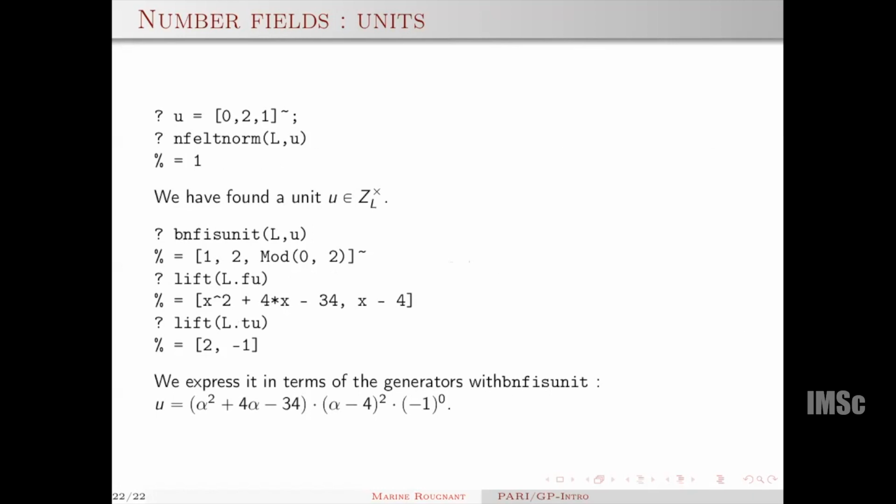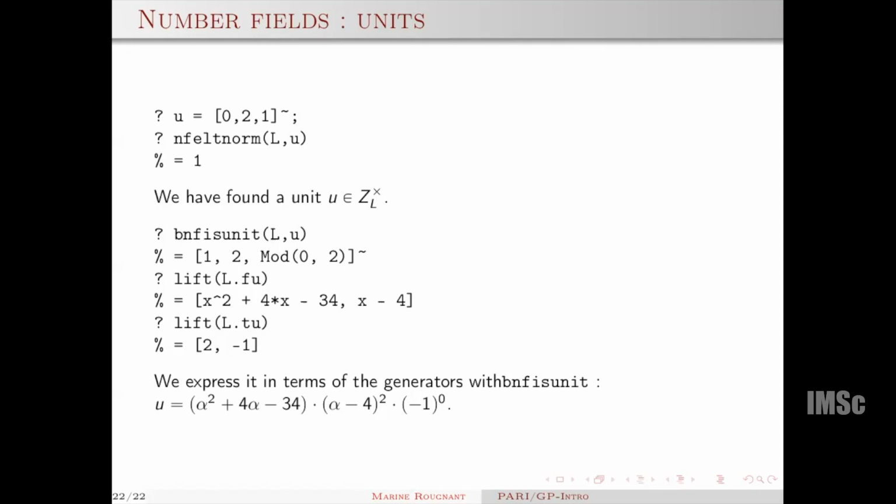By using bnfisunit in L with this unit U, you will have something that permits you to express your unit in terms of the generators of the unit group. So here you have the list of exponents. You have your first generator to the 1, the second to the 2, and the last to the exponent 0.